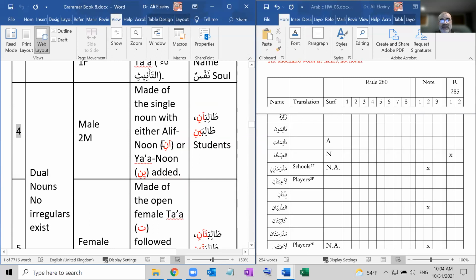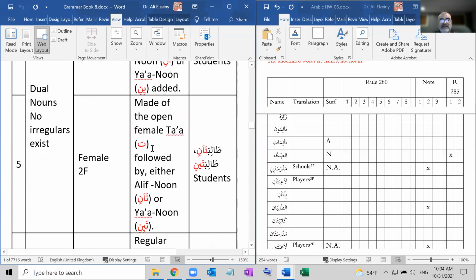Why? Because it ends with alif noon or ya noon. It has the female ta. Therefore, it's 2F because it has a female ta, such as talibatani or talibataini. That's how I figure out it's 2F.